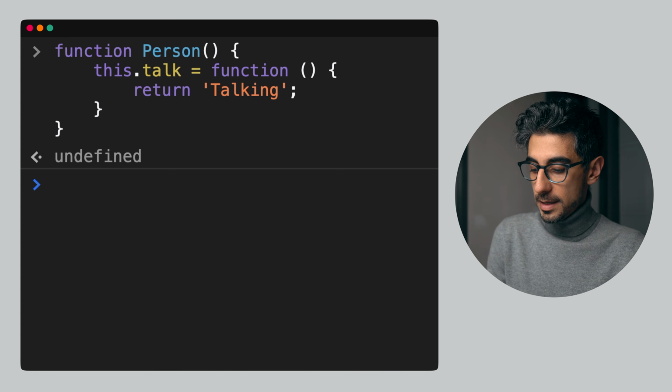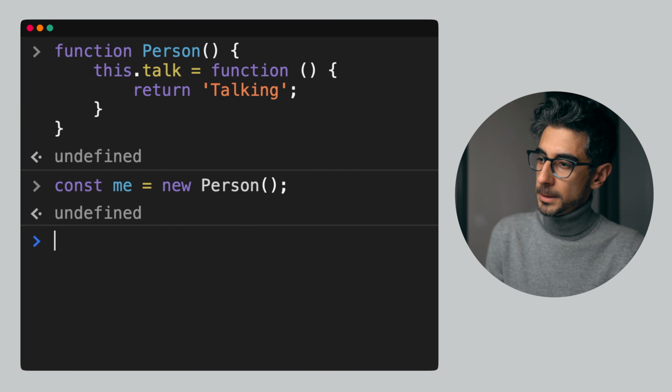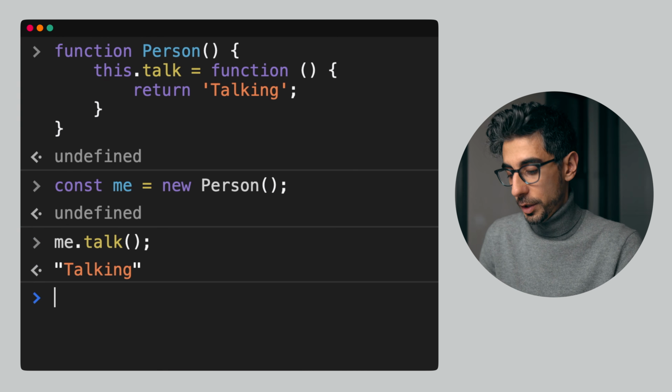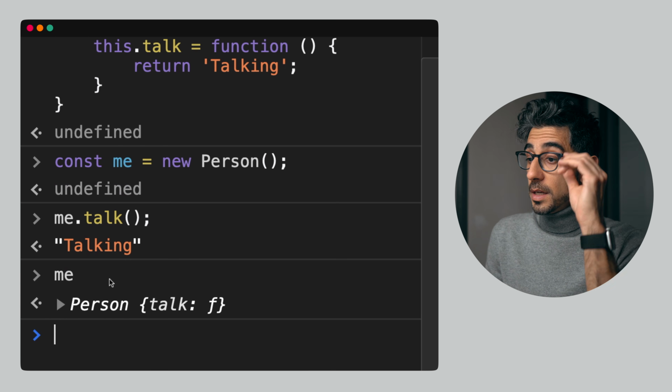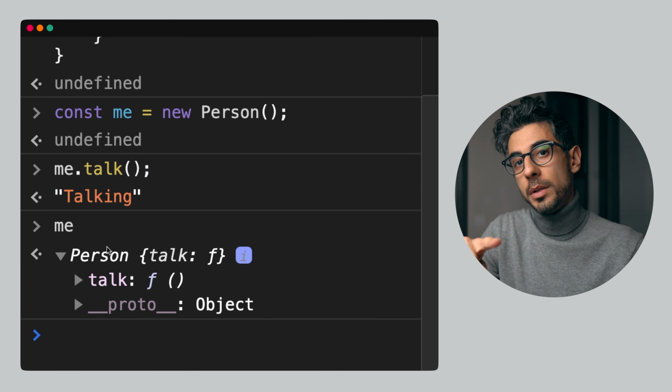Right, so if I do this and say const me equals new person, me.talk still works. However, there is a difference here. If I console.log me, the talk is now directly on the person.